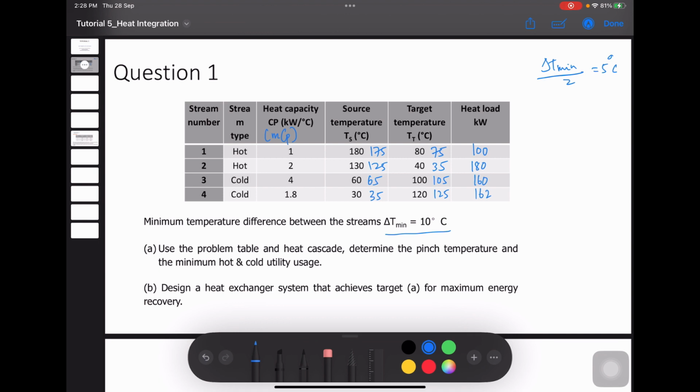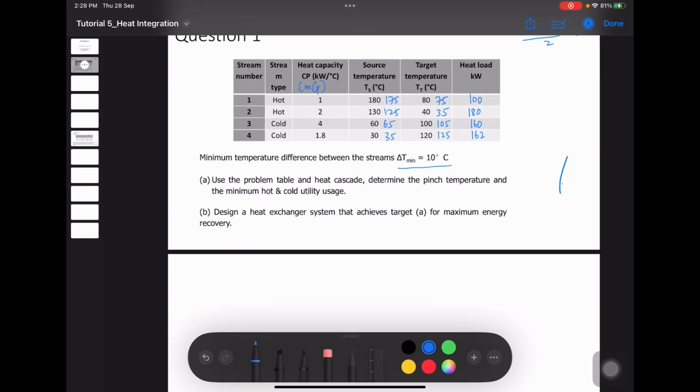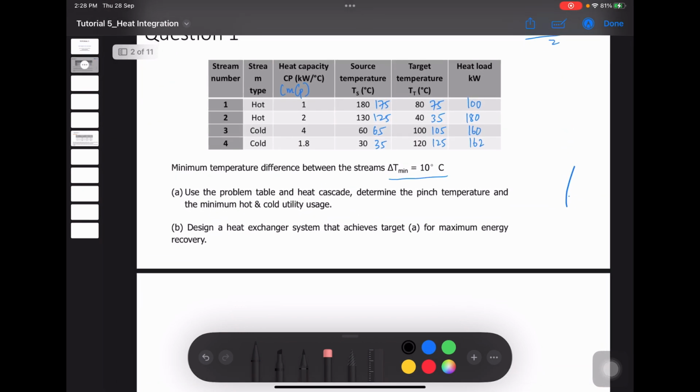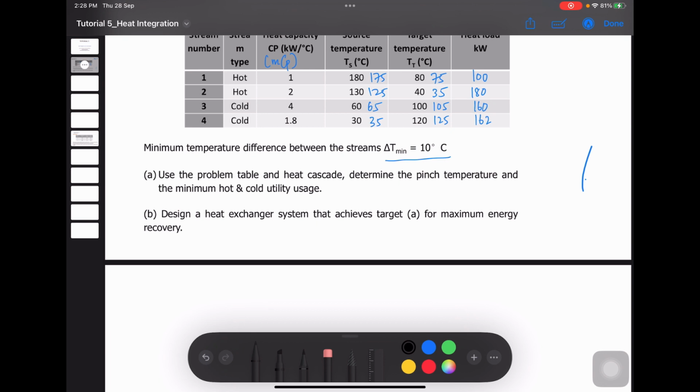Alright, so our next step is to draw the temperature interval diagram. Before we draw it, we need to see if there are any repeating numbers in our temperatures.